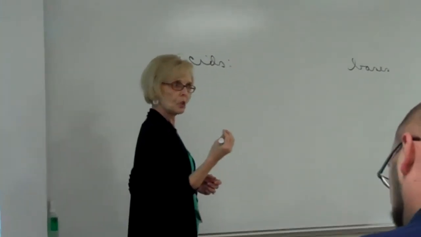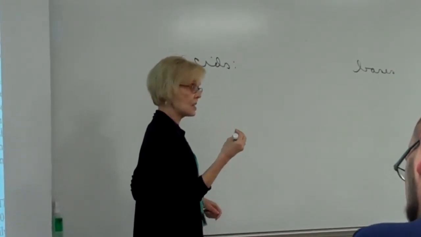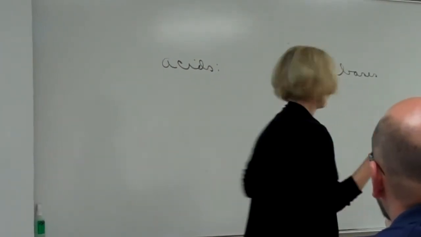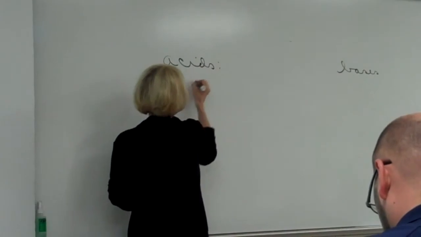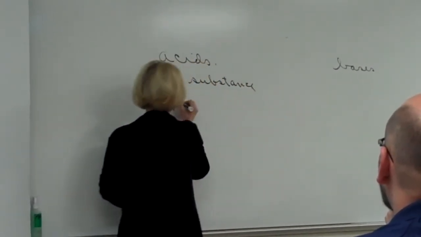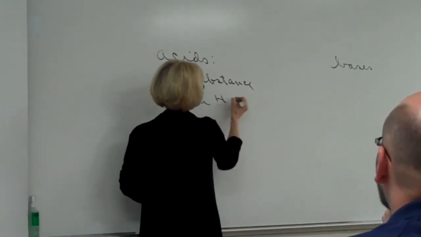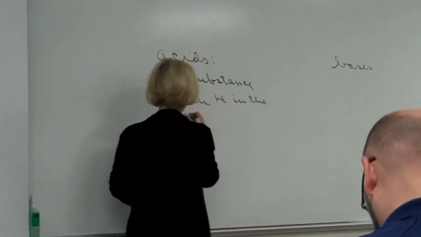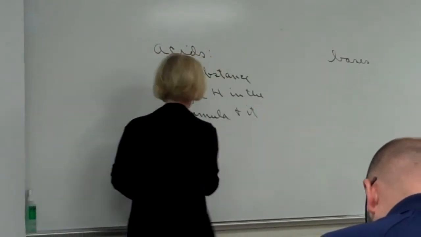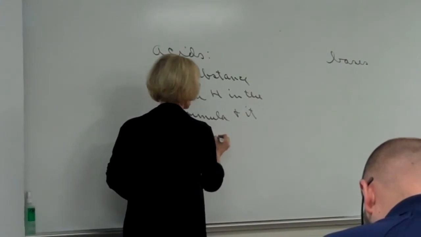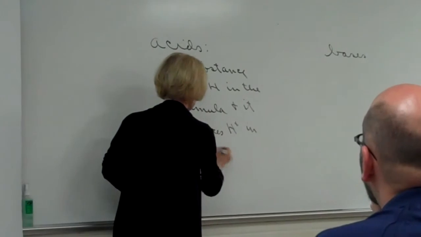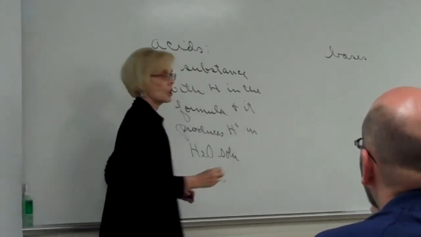This is the original definition, sometimes called the classical definition, or also the Arrhenius definition, and it's a substance with H in the formula, and it produces a hydrogen ion in water solution.